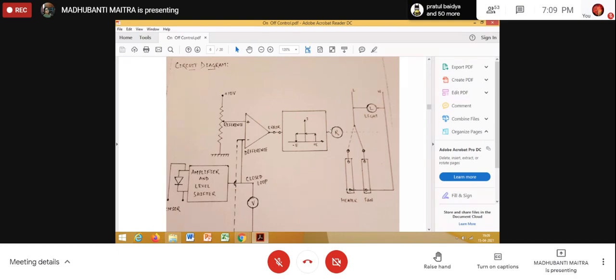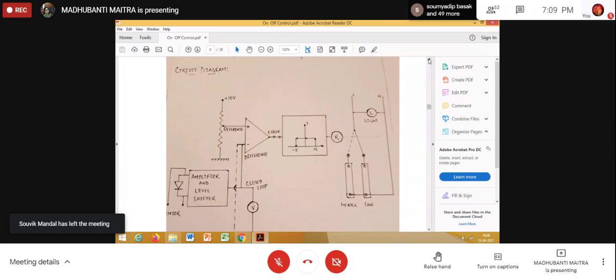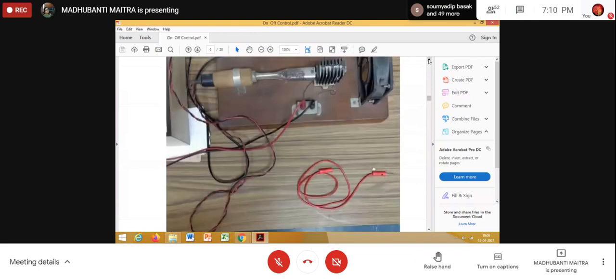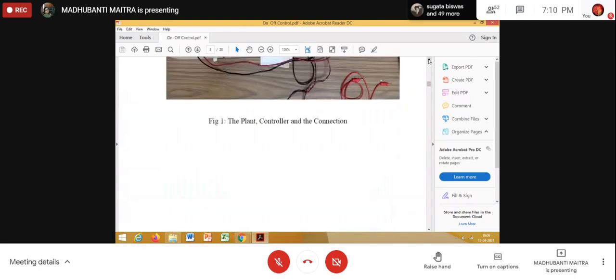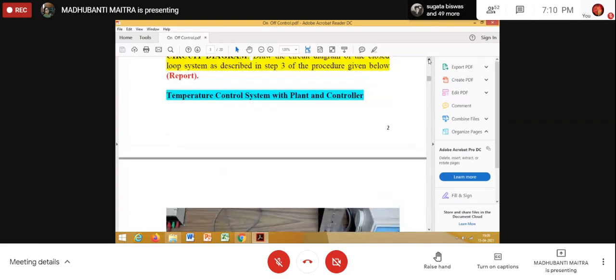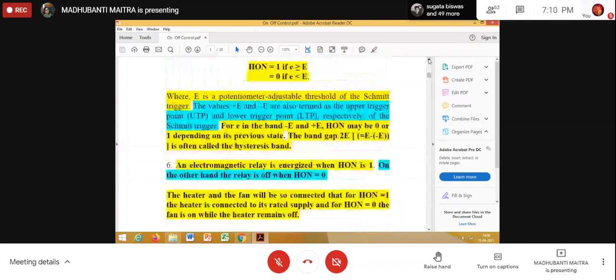Is this clear? Yes, ma'am. Any other question? After discussing the open loop configuration, when I start discussing the closed loop configuration, then I'll explain this one.